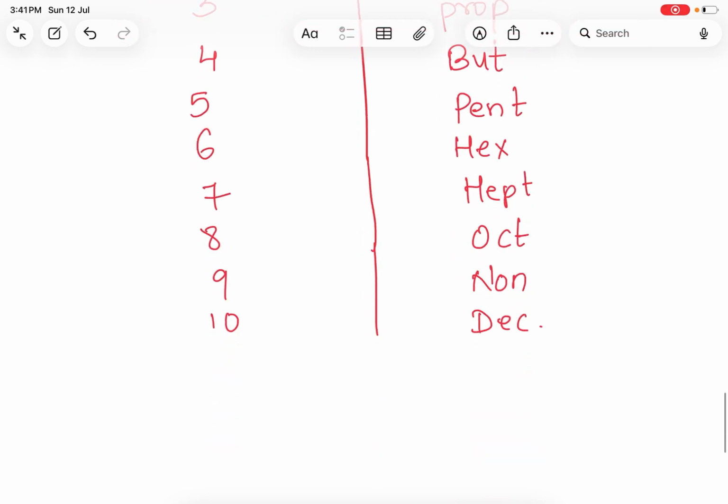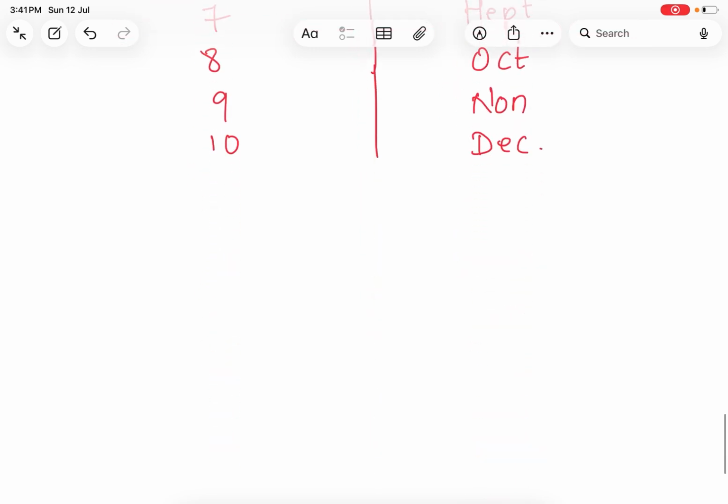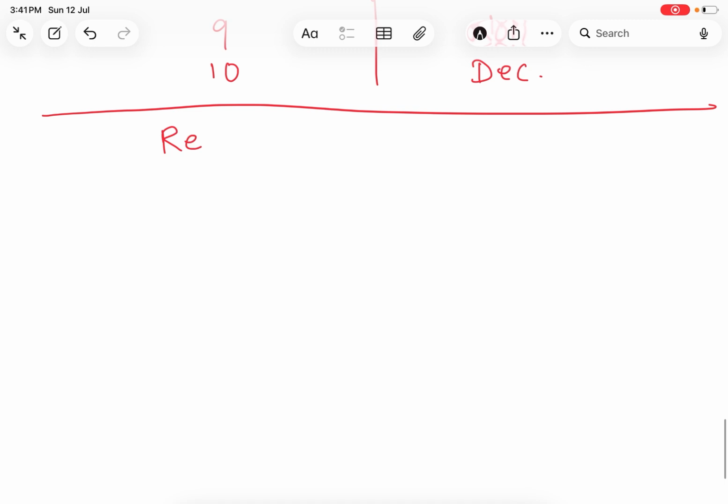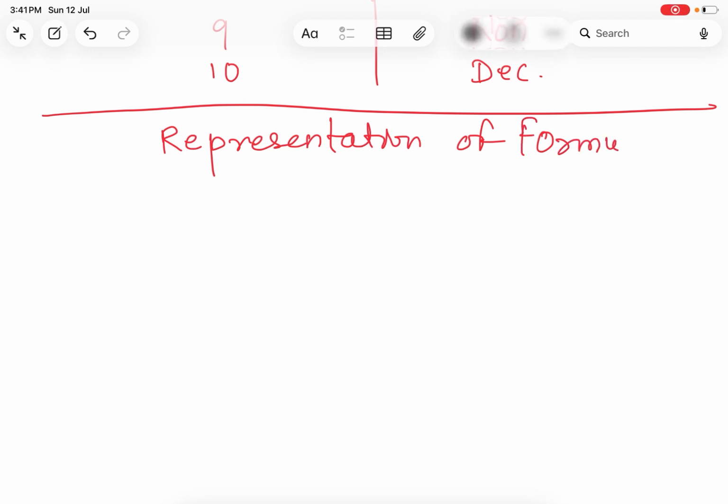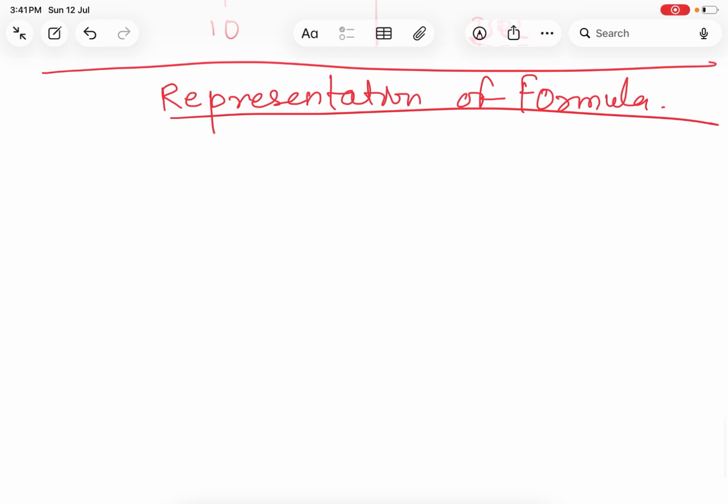Now, there are actually different ways by which we can represent the formula. So we can represent the formula in different ways.